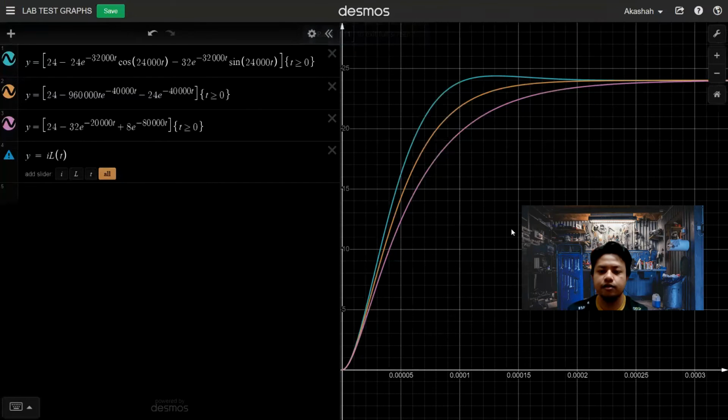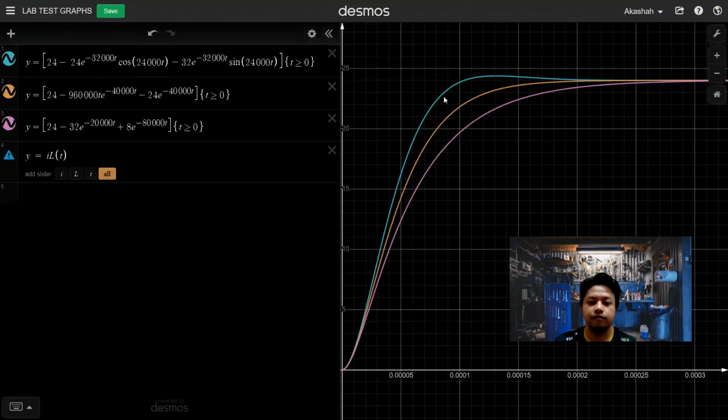As you can see here, the graph of the underdamped response, which is the 625 ohm resistor, is this one.